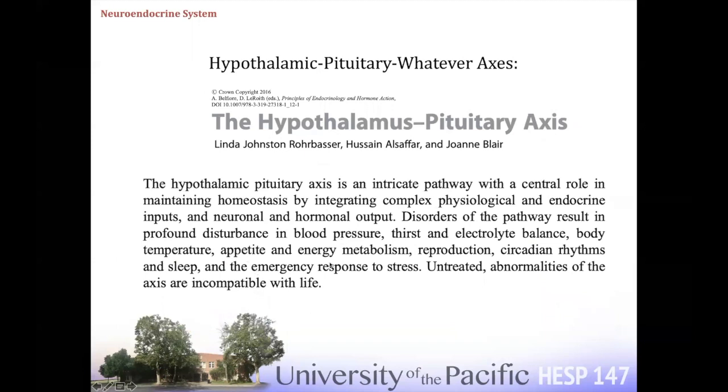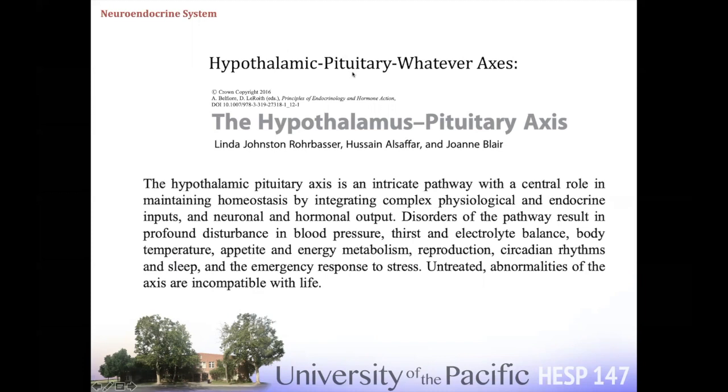And this hypothalamic pituitary axis begins at the hypothalamus, goes through the pituitary, and ends wherever, right? In the liver, it could be, if it's growth hormone releasing hormone in the hypothalamus, blood supply to the anterior pituitary, release growth hormone. Growth hormone makes the liver release its IGF-1, insulin-like growth factor 1.